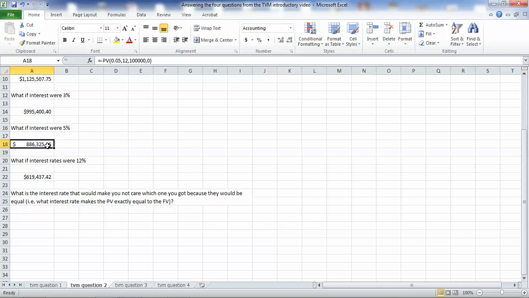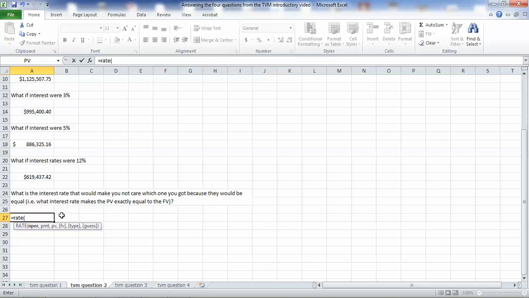Yep, I'm good. Our present value is, we're going to put it in as a negative number, otherwise it won't work. And our future value is 0, and close parenthesis, and it tells us 3% is the interest rate.